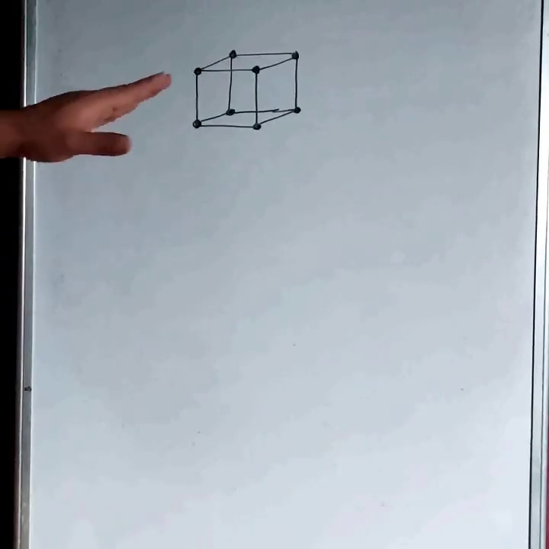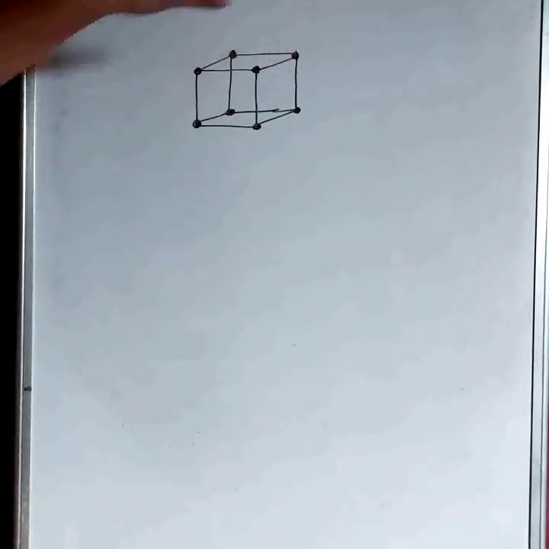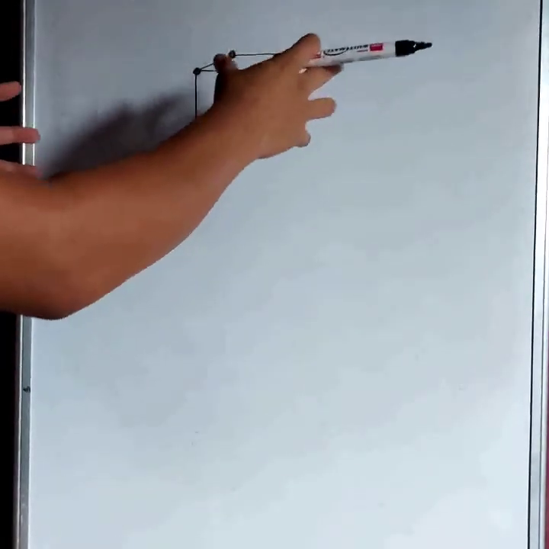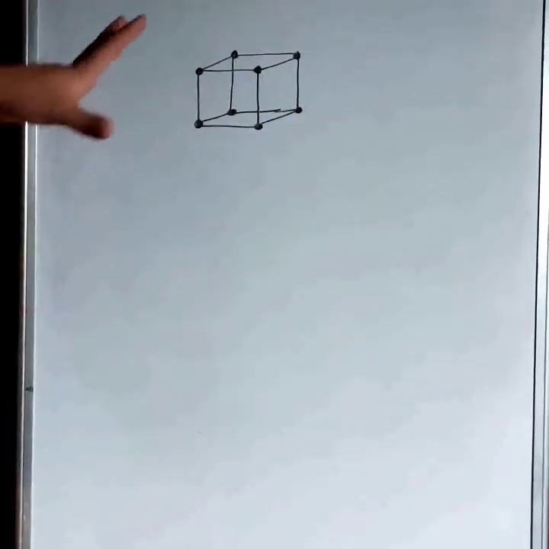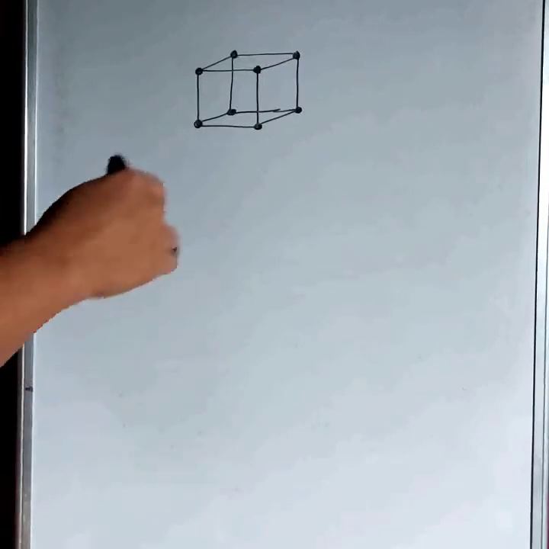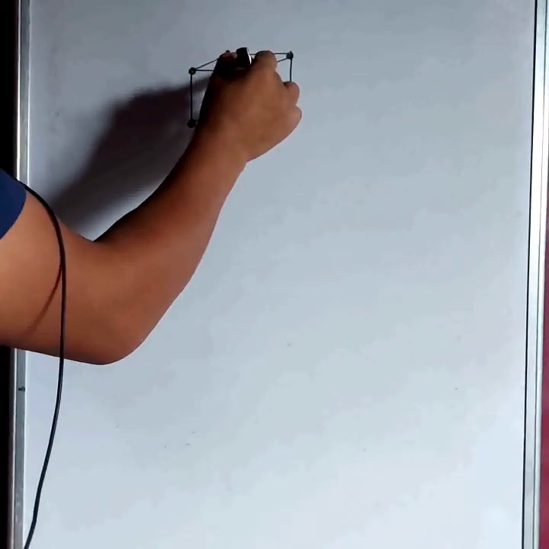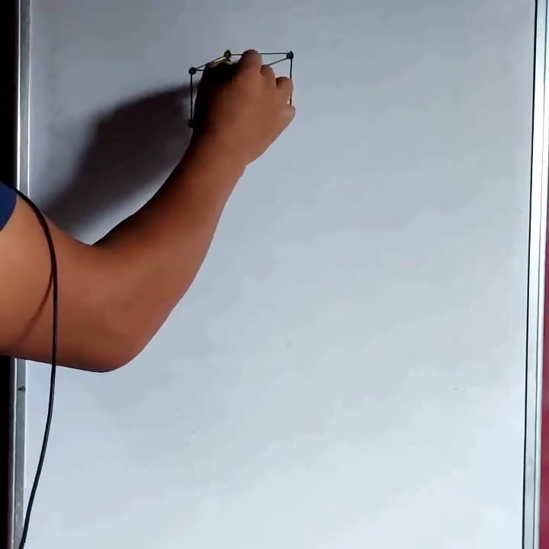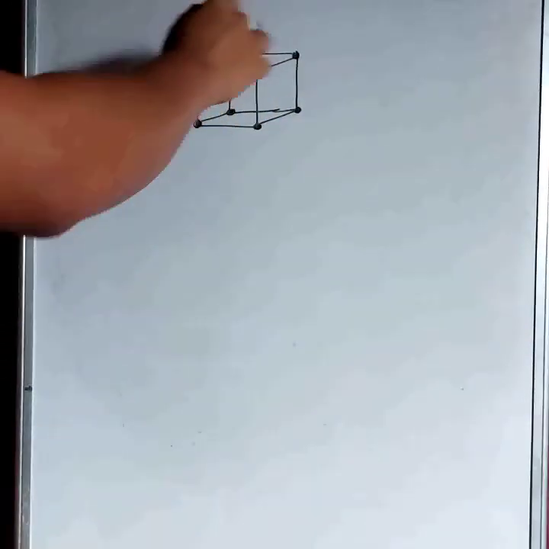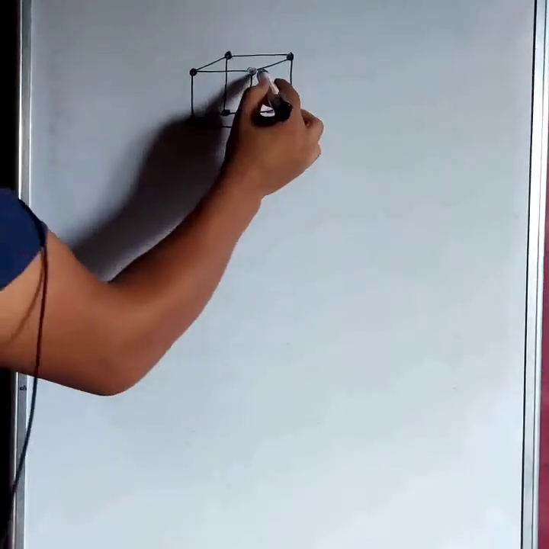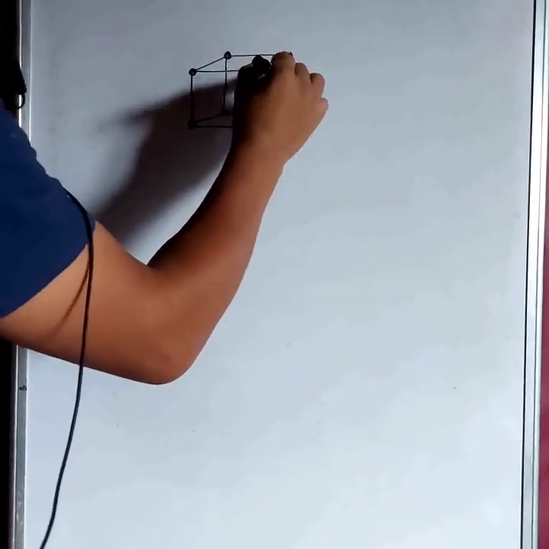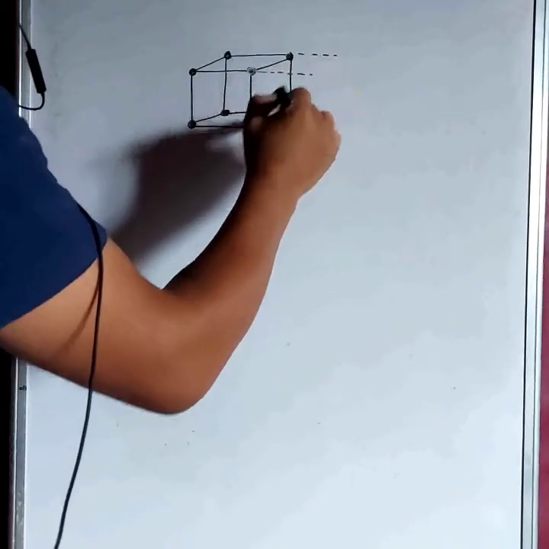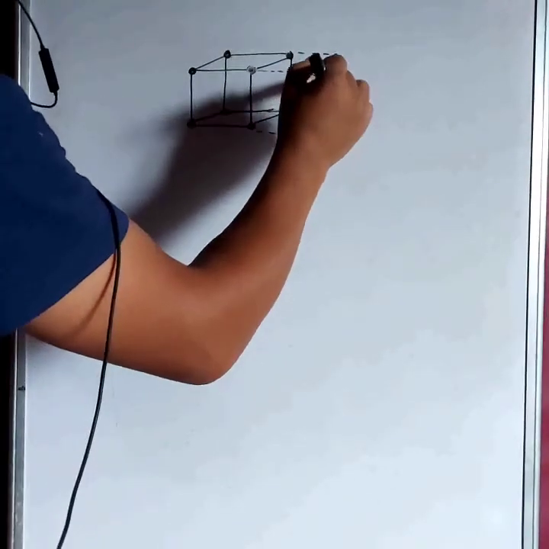If you repeat this structure and project it outside, behind the screen, above, then you generate the whole structure. Now, suppose we want to know how much one atom is contributing to this particular cube. So if we extend it, then you may get a picture.